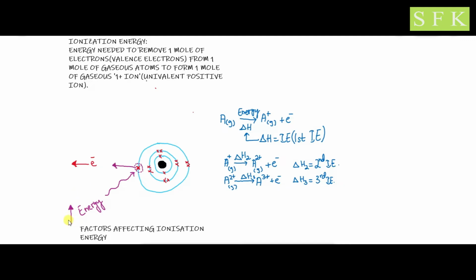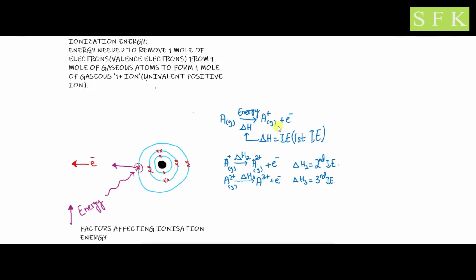If this energy is high enough for the electron to overcome the electrostatic forces of attraction of the nucleus, the electron will escape the atom, and hence it will appear in the equation on the product side.